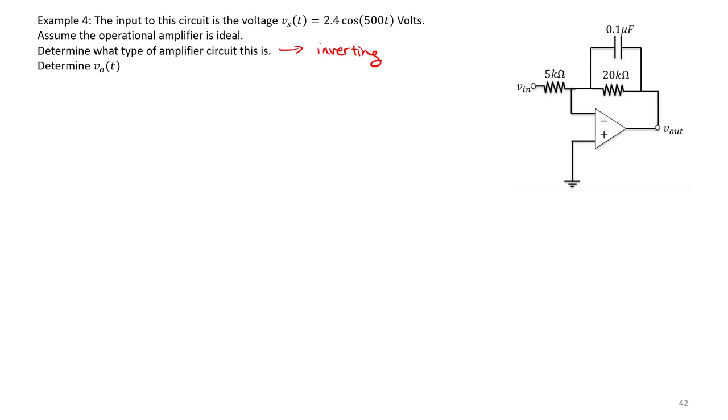So in this case, we know that our V out over Vs is going to be negative Z2 over Z1 for the inverting amplifier.